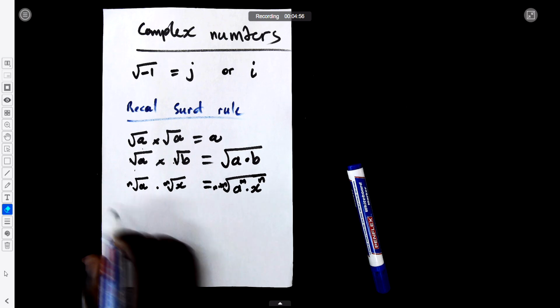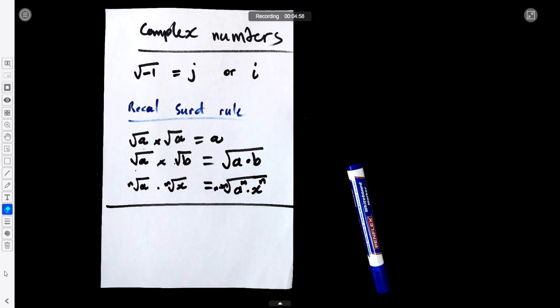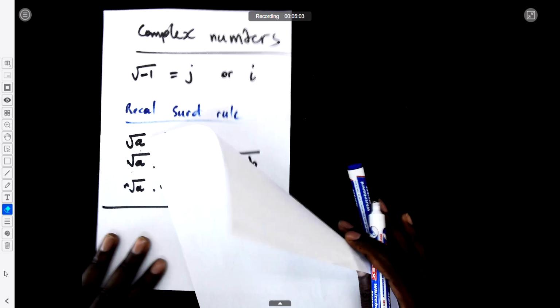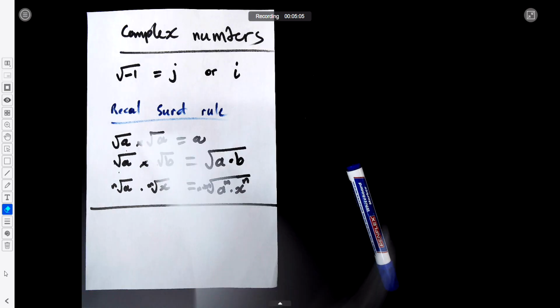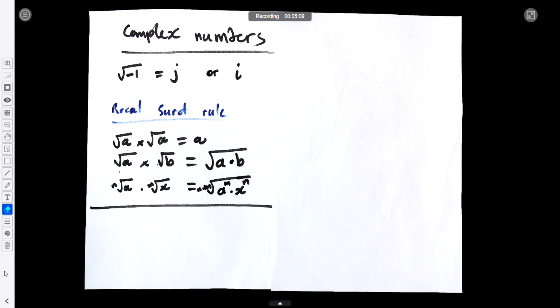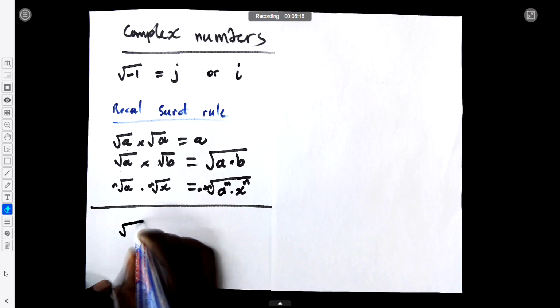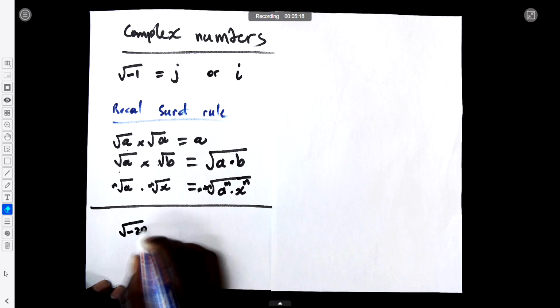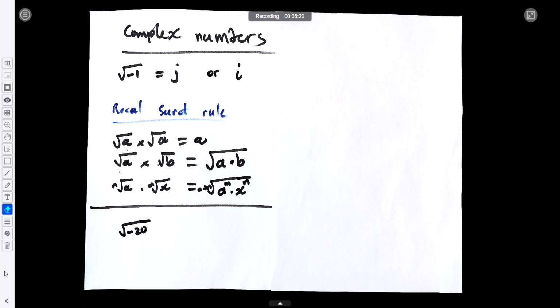So where are we going with this recalling of the rules? This is where we're going. For example, let's say you have to simplify the square root of negative 20.